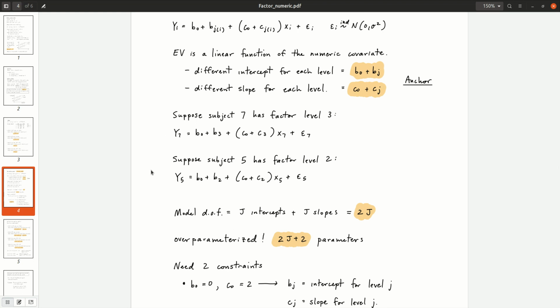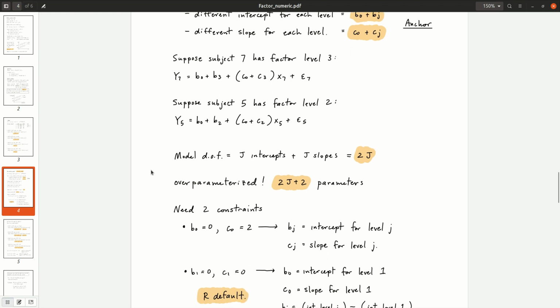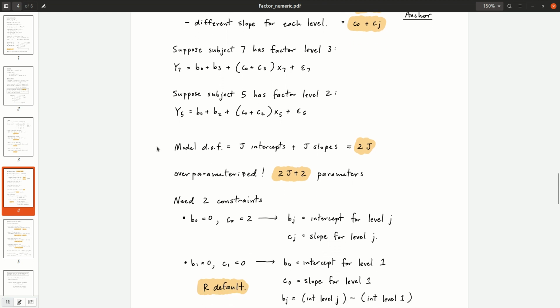Now let's think about the model degrees of freedom. Forget about the parameters for a second. All this model says is that the expected value is a linear function of xi, and each level of the factor gets its own line, meaning that it gets its own intercept and its own slope, and there are no constraints that the slopes have to be equal for each level of the factor.